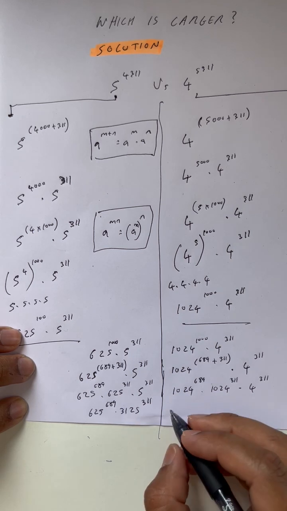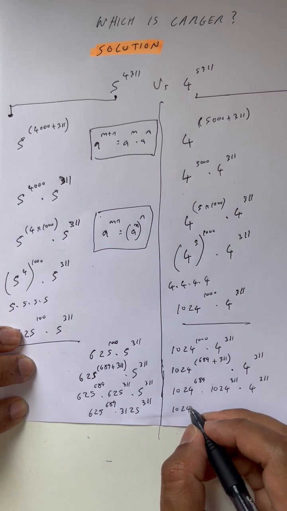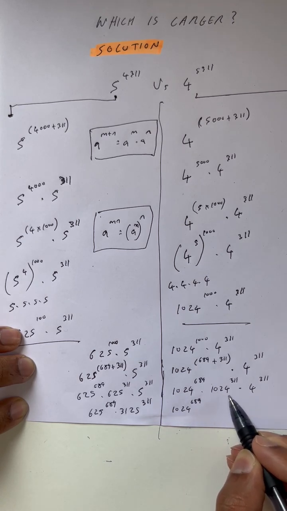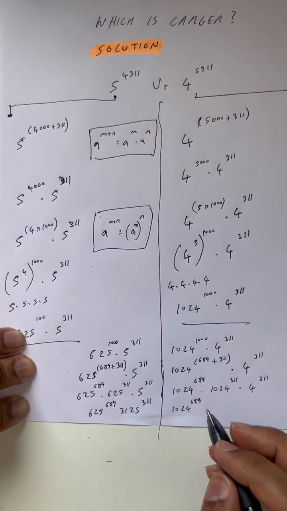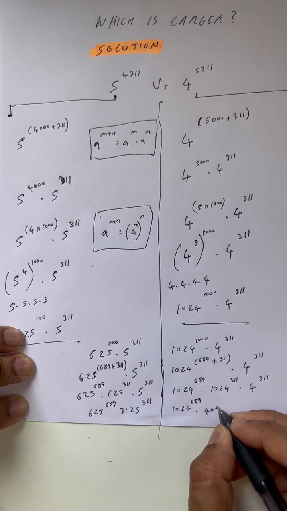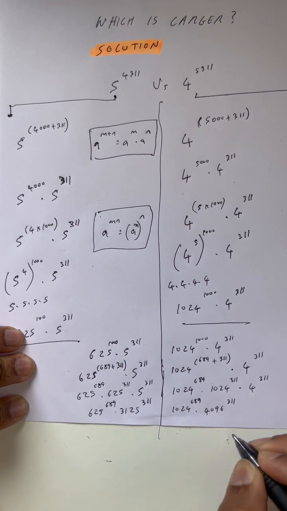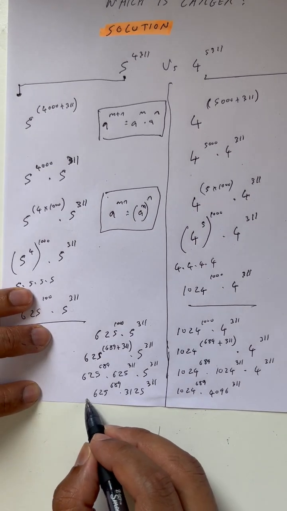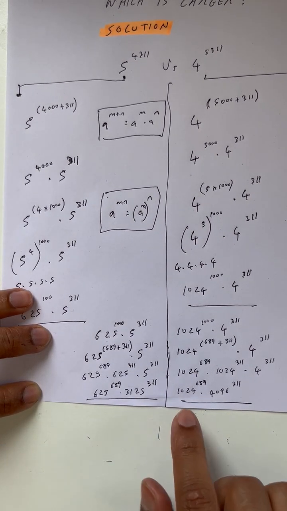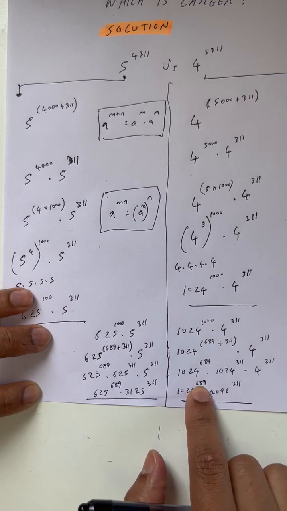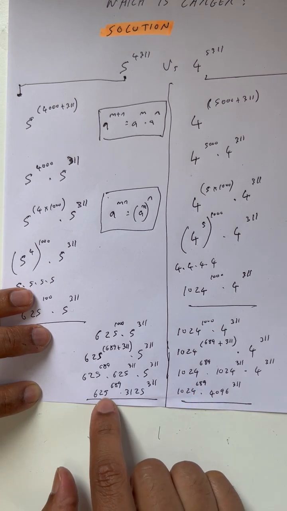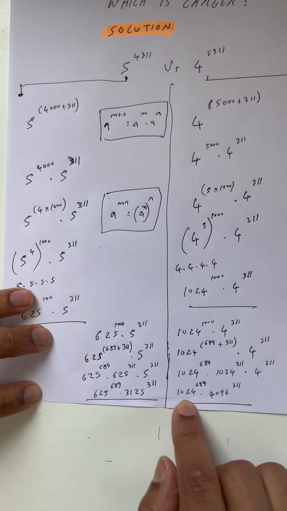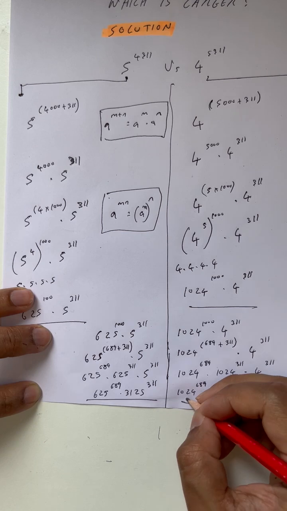Now we can further re-express this as 1024 to the power of 689, and we can just do 4 times 1024 in our heads. That's 4096 to the power of 311. So now we're in a place where we can directly compare this number and this number. We've got 1024 to the power of 689 versus 625 to the power of 689. So we have the same power and the base is larger. So this is definitely still larger.